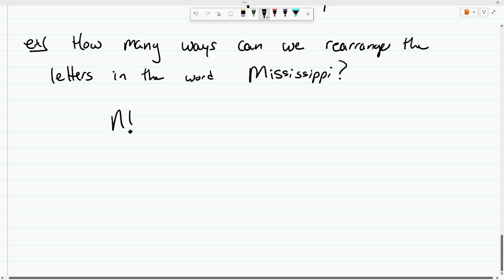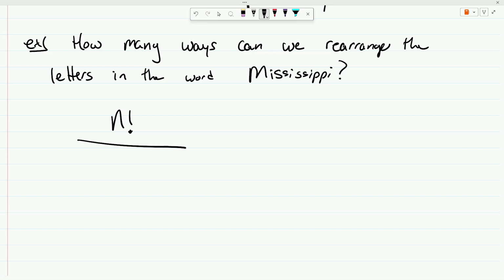All right. Now, I know this looks crazy, all right? But it's basically the total number of objects goes into the numerator.